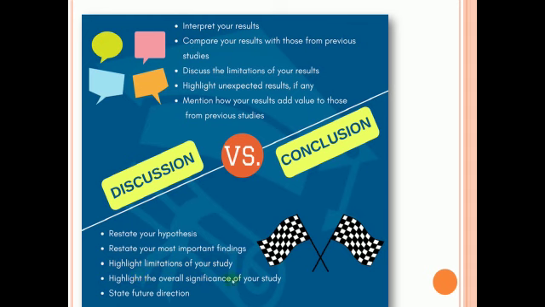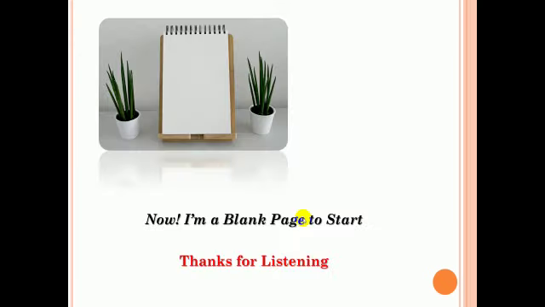Highlight the overall significance of your study, and then state future directions. So this is the last section you have, and after those parts, now that you know the structure of your research paper, you are at a blank page to start.